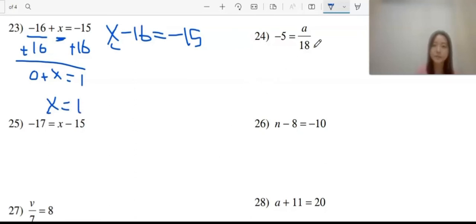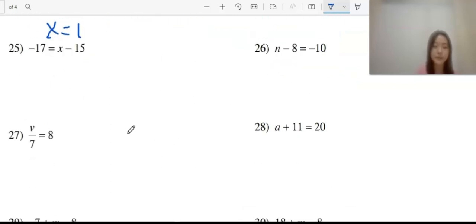Number 24. Negative 5 equals a over 18. So 18 is divided. So if we want to undo that process, we will have to multiply 18. Remember, always on both sides. So 18's cancel out. And 18 times negative 5 is equal to negative 90. So a is equal to negative 90.